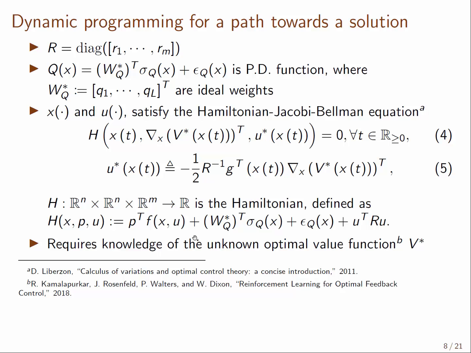Now, we're going to use 4 and 5 to solve this inverse reinforcement learning problem, but the problem is that 4 and 5 involve the optimal value function, which is also unknown.